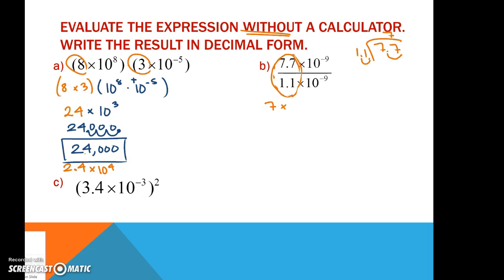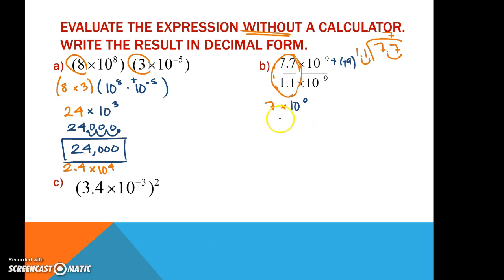Times, now you are dividing and they have the same base, so we should subtract the exponents. Well, what am I subtracting? Subtract negative 9. Negative 9 minus negative 9, kind of hard to say, so I'm going to add the opposite, and I have 10 to the 0. Negative 9 plus 9 is 0.